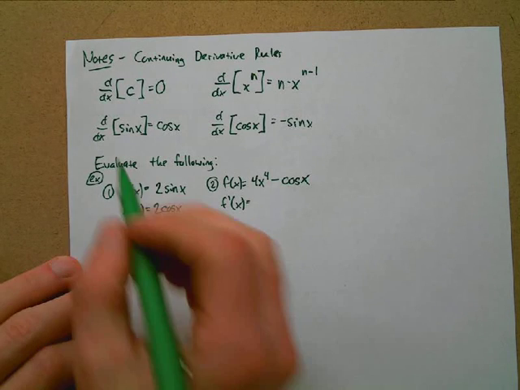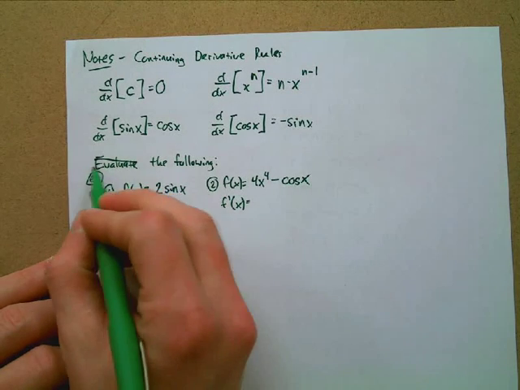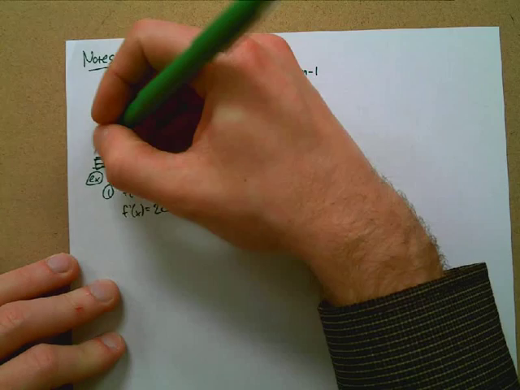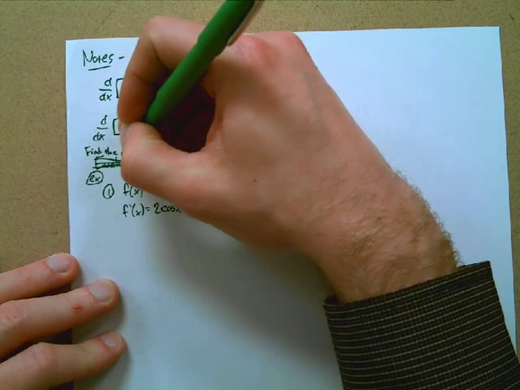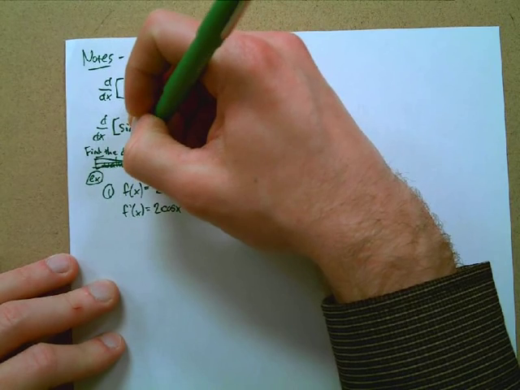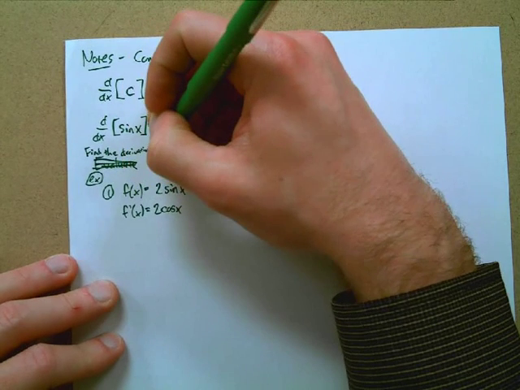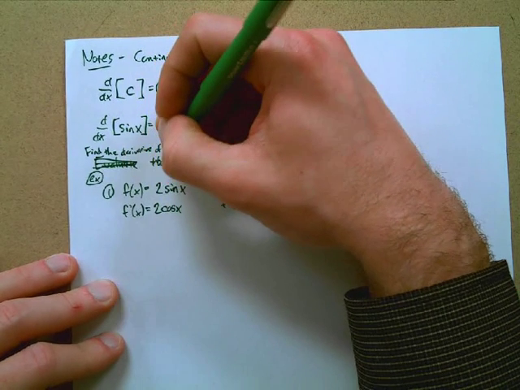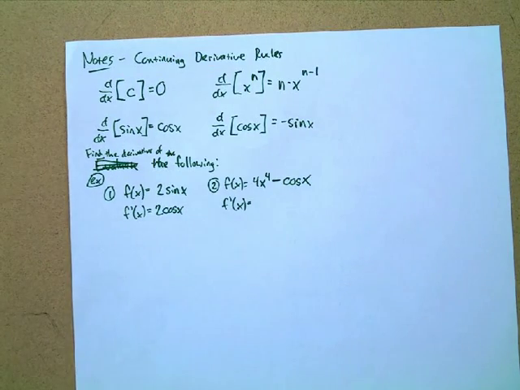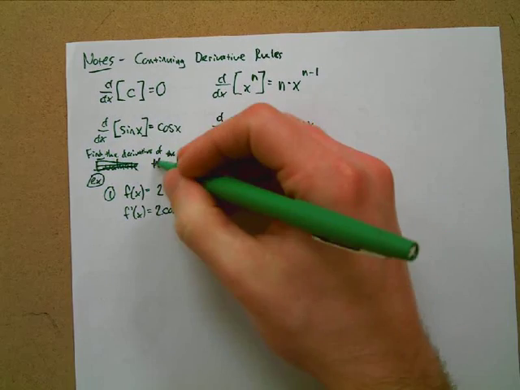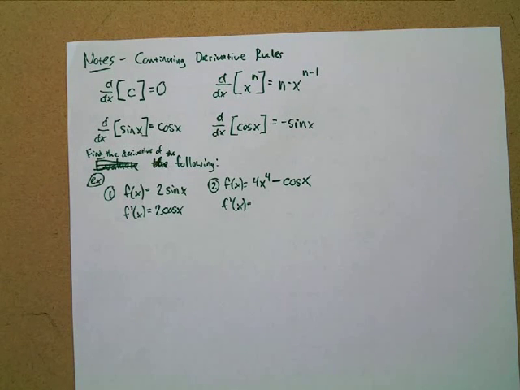We're not really evaluating the following here. We're finding the derivative. Find the derivative of the following. That's what we're really doing here. Finding the derivative. I don't know why I said evaluate there. Well, I know why I said evaluate there. Okay. All right, ideas here?